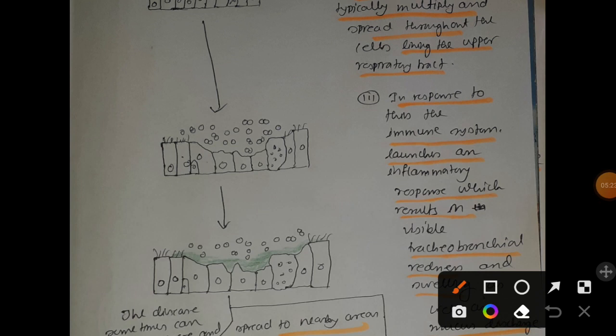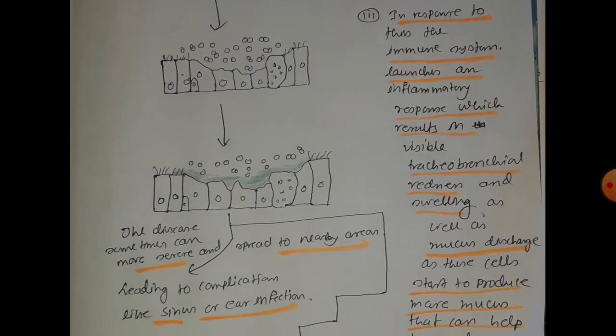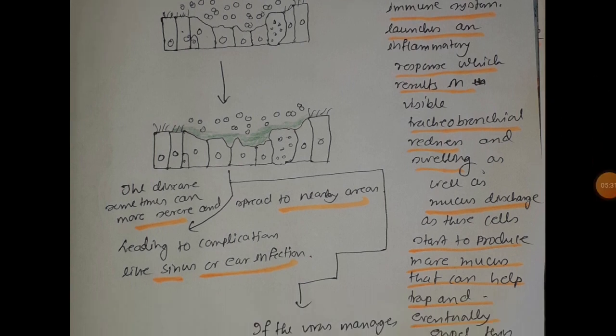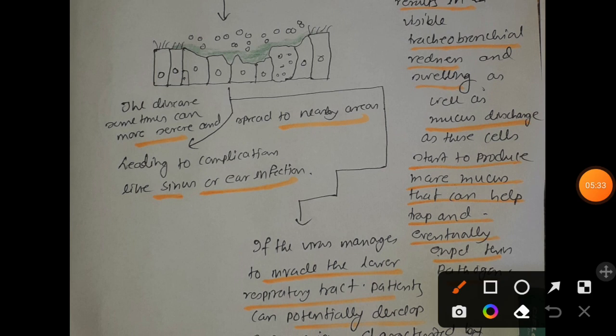This inflammatory response is the reason for tracheobronchial redness and swelling, as well as mucus discharge, where cells start to produce more mucus that can help the immune system by trapping the virus, and as a result they can easily expel the virus from the body.